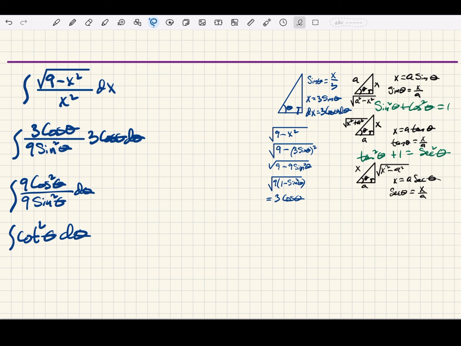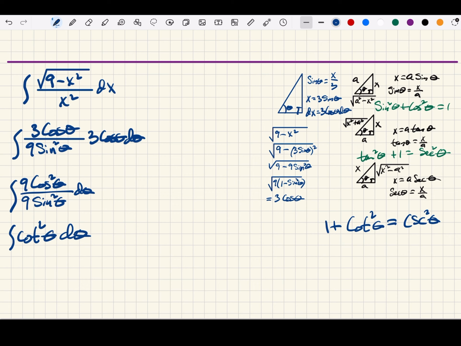Okay. So, I erased that other Pythagorean identity. Maybe I shouldn't have. So let's divide both sides of sine squared plus cosine squared by sine squared. So what I have is 1 plus cotangent squared theta equals cosecant squared theta.